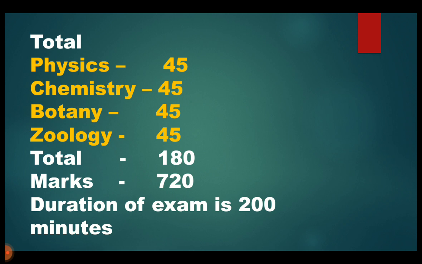So I have considered only the questions for which you are going to get marks. Don't be confused by asking why I have not shown 50 here. It means the questions you have attempted, for which you will get marks.